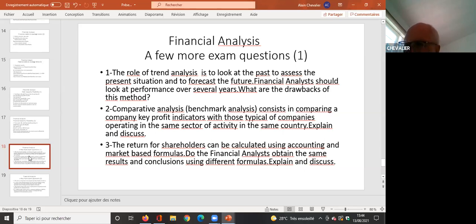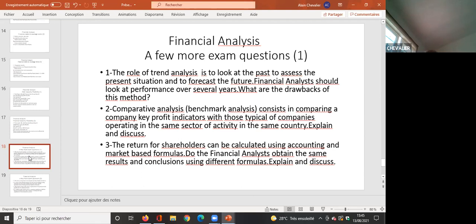Or are you interested in the question raised by shareholders on their returns, and they are generally interested in cash? And financial analysts should use market values. So, two cases.